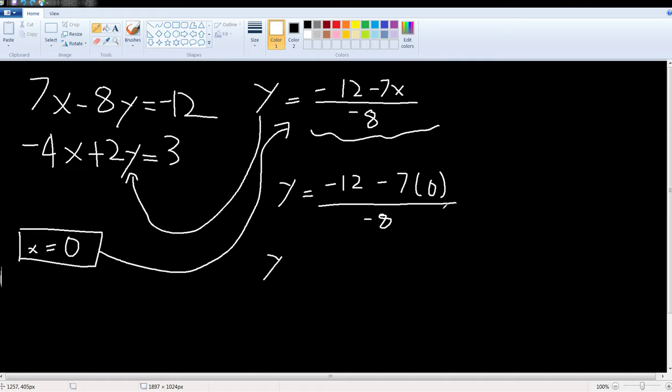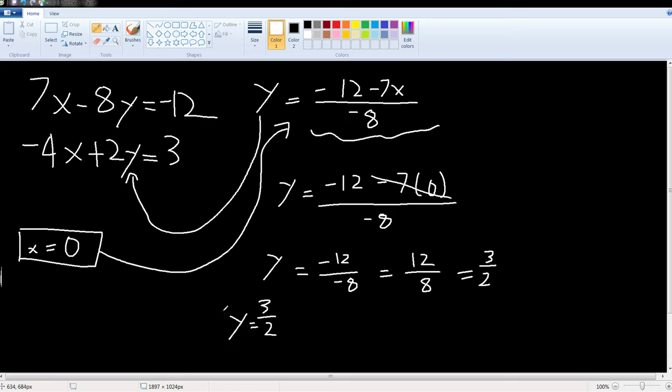This minus 7 times 0 just cancels out, so we just get negative 12 over negative 8. We could simplify this to 12 over 8, which simplifies with a common factor of 4, so we get 3 over 2. So we get y equals 3 over 2.